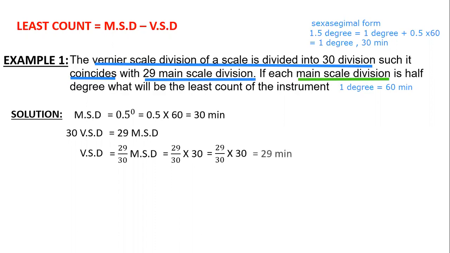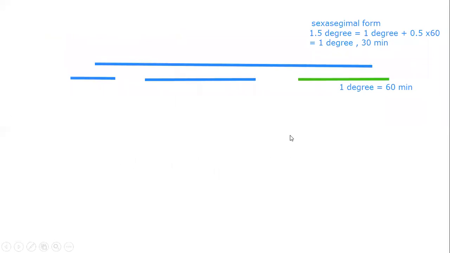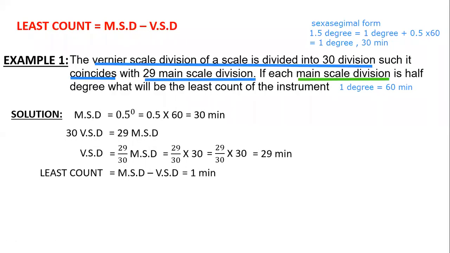If I substitute, I will get the answer as 29 minutes. So I got MSD and VSD. This tells us that the smallest reading on the main scale is 30 minutes and the smallest reading on the vernier scale is 29 minutes. If I use the least count formula, that is MSD minus VSD, you will get the answer as 1 minute.